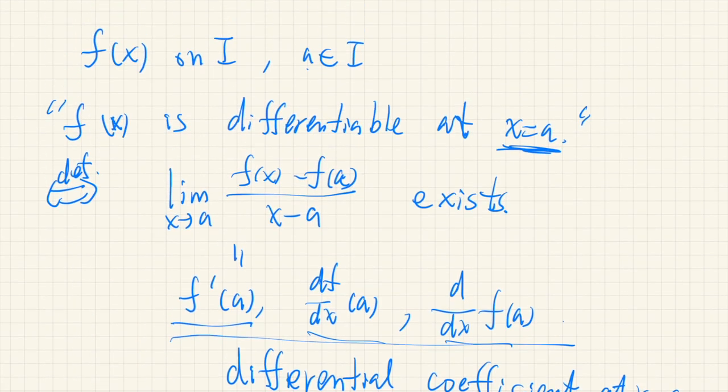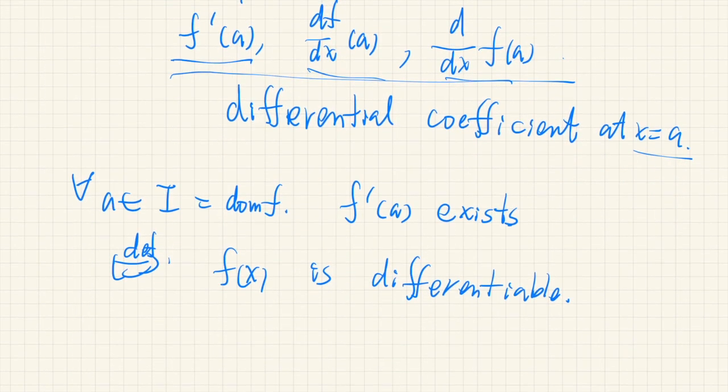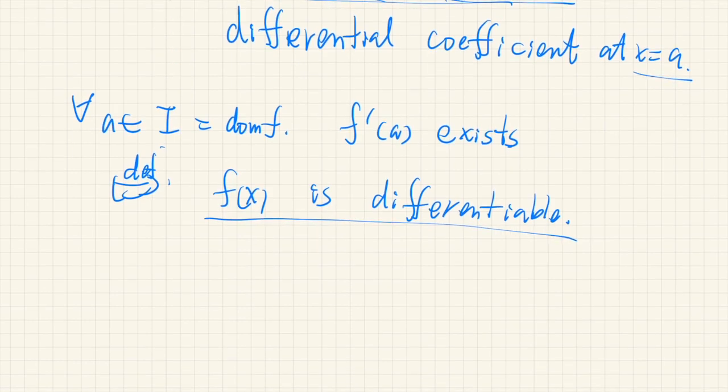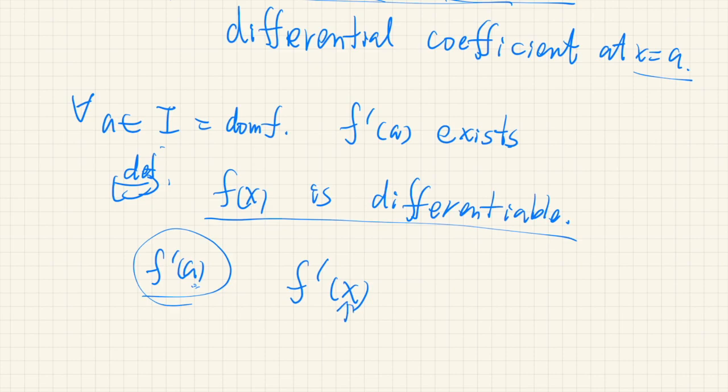Note that we don't say at x equal to a, but simply that f of x is differentiable. That means it's differentiable everywhere in the domain. As such, f prime of a can be considered as a function of a. We write it as f prime of x, so that x looks like a variable, and this function is called the derivative of f of x.